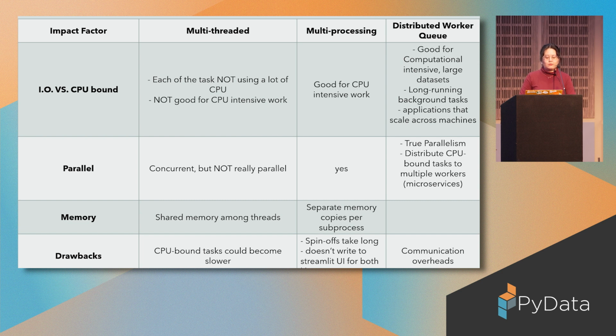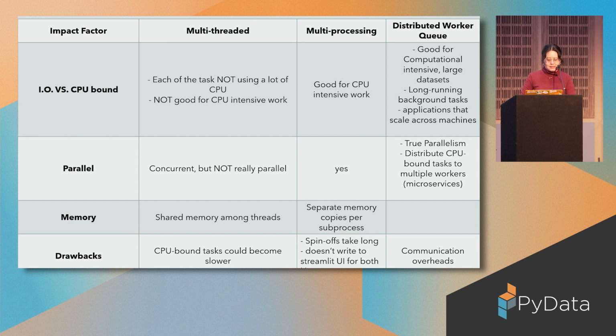So for multi-threaded work, I/O bound is better, but once you get to the data science task, let's say you run a computer vision or PyTorch model, then you would be in pain.